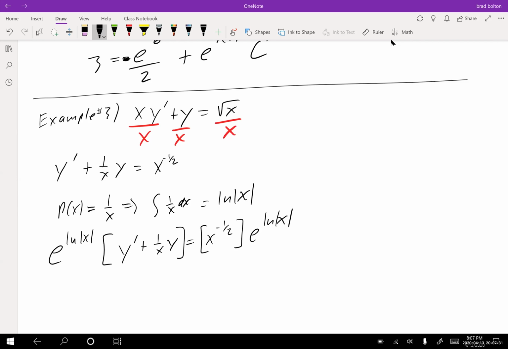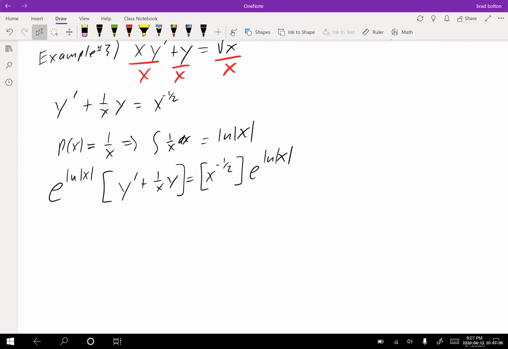Now, hopefully you guys are kind of seeing that e to the ln of x is really just x. So what we're actually multiplying by is just x. So we get x y prime plus y equals x to the 1/2.